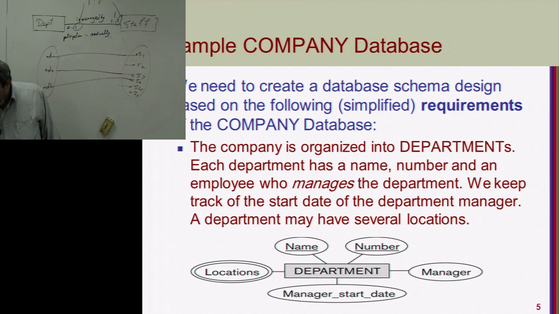Keep reading: a department may have several locations. So location is another property that describes the department, and we have many values. It's a multivalued attribute. That's why we use the double-edged oval. Why didn't we make the manager start date a value for the manager? It could be, right?